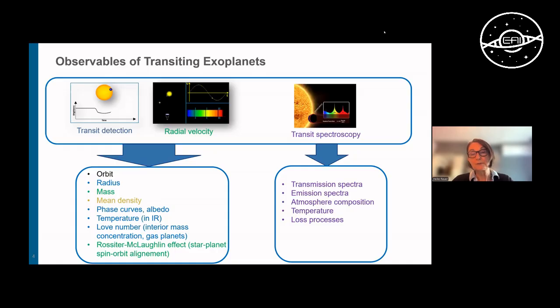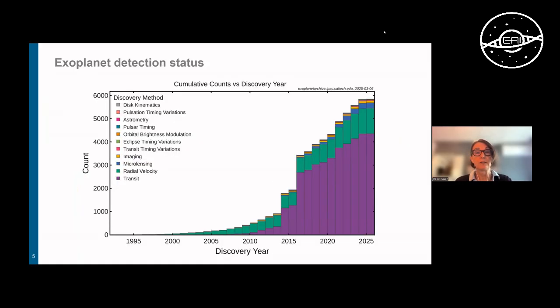So altogether, you see a relatively long list of parameters we can infer from transiting planets, and that easily explains why transiting planets are at the moment the focus of the research field. And that is also reflected if you look at the statistics of exoplanet detection over the years since the mid-90s.